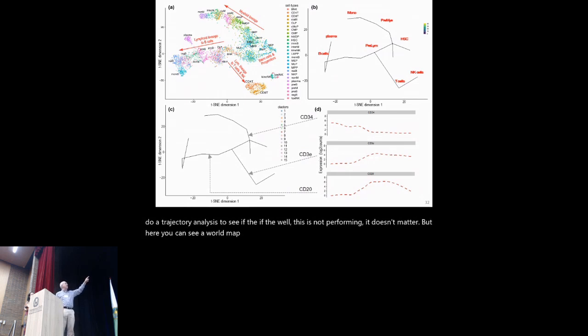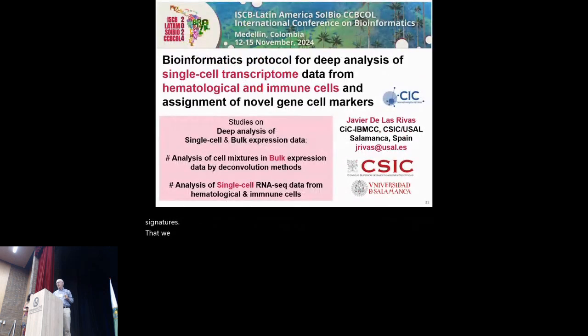In the map are the 27 different cell types, and you can see that we can follow the myeloid lineage in the evolution from hematopoietic stem cells to monocytes, classical monocytes or non-classical monocytes, and so on, or the lymphoid lineage to B cells, or the lymphoid lineage to T cells, and this is very well matched according to the signatures that we managed to get with this trajectory.